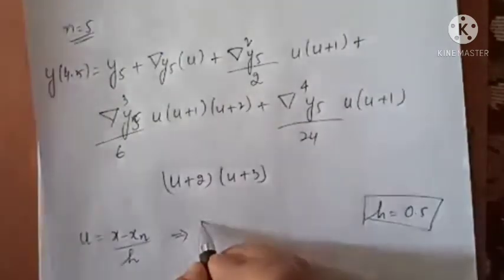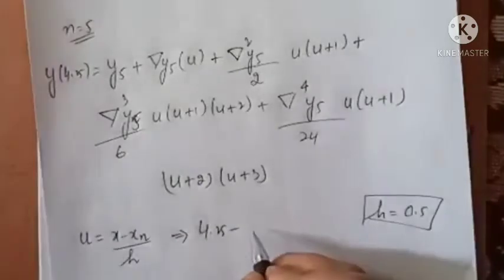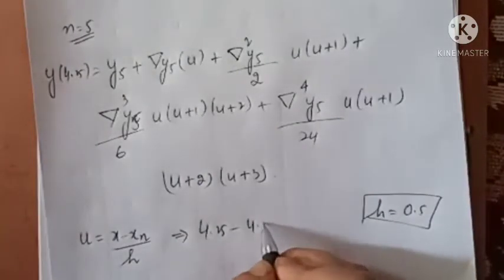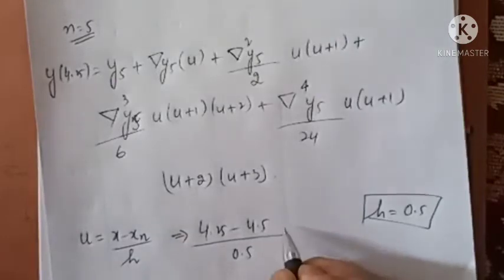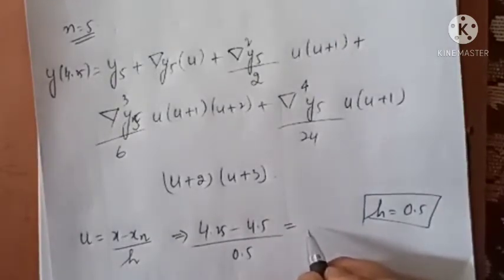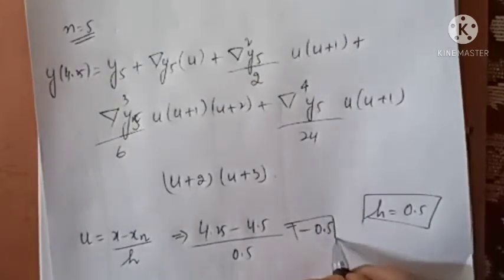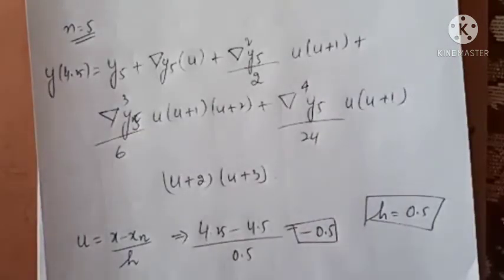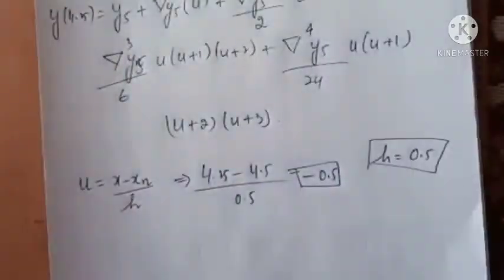What is x? 4.25. x of n is the last point, which is also given, that is 4.5, divided by 0.5, which is equal to minus 0.5. Okay. Now we have all the values. Substitute all the values in this equation so that we can solve this.